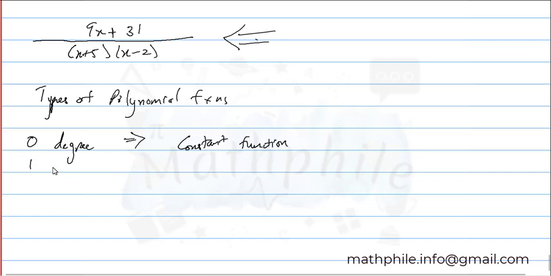What is the first degree polynomial form? Linear. Linear function. A second degree is called quadratic.